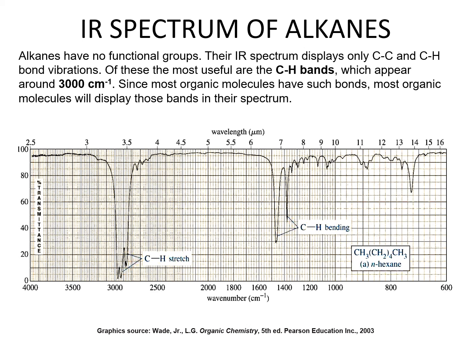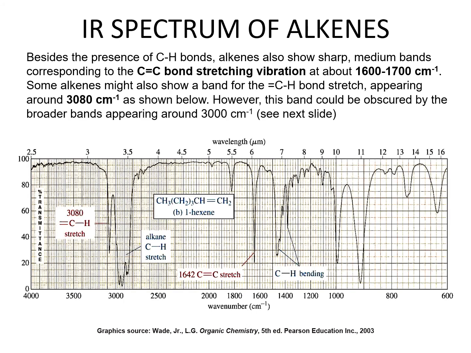So alkenes differ from alkanes in that they possess a carbon-carbon double bond. As a result, there is a distinct sharp band in the range between 1600 to 1700 in the IR spectrum.